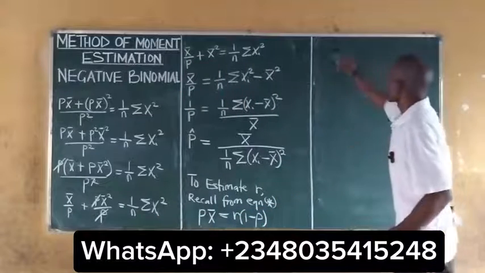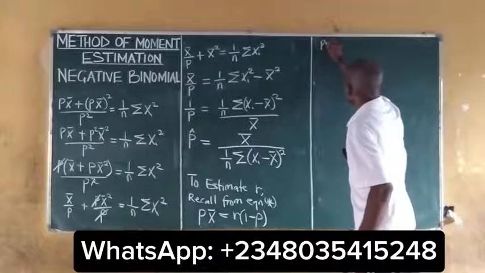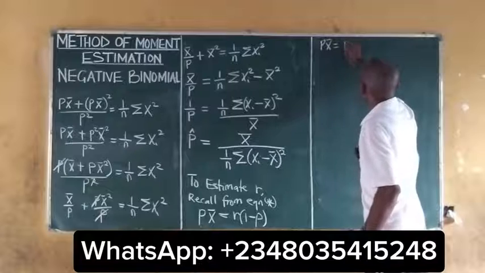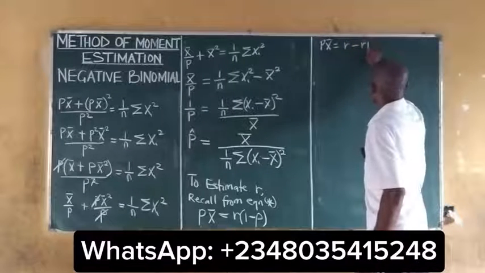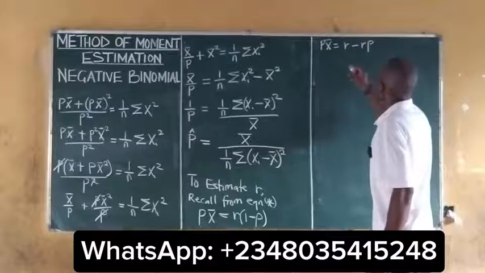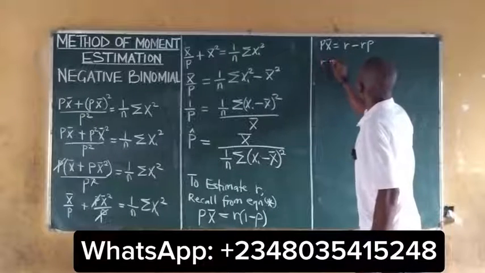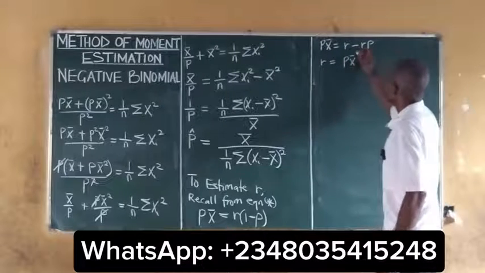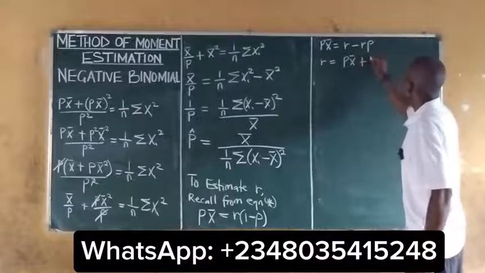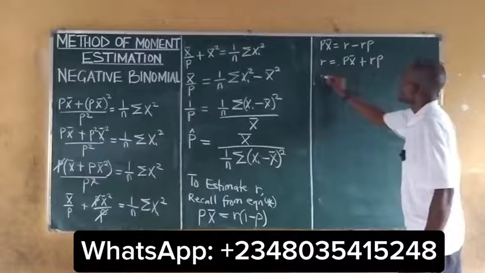So since we have this, we have that P X bar is equal to R. We can open that bracket, minus RP. So it then means that R is equal to P X bar plus RP.